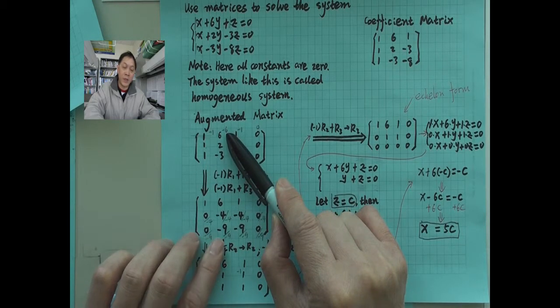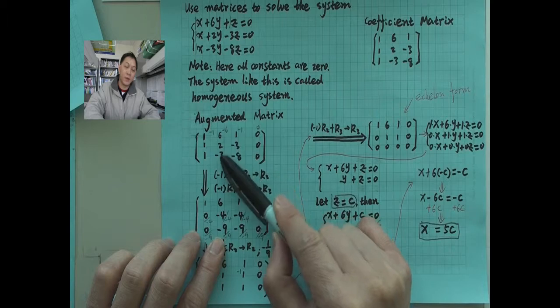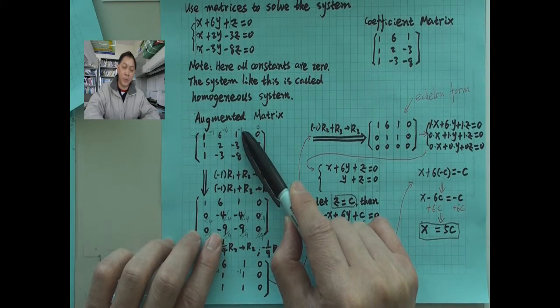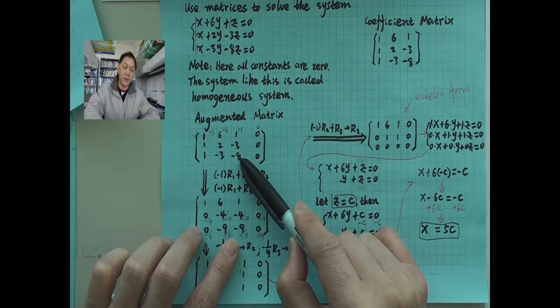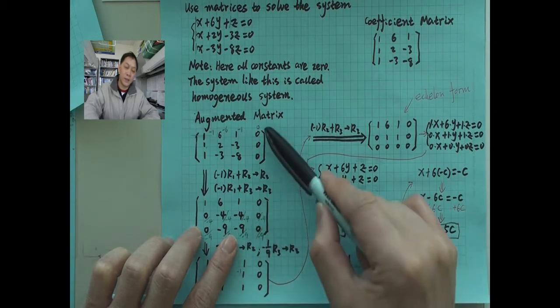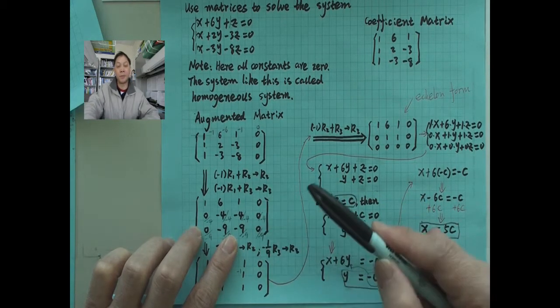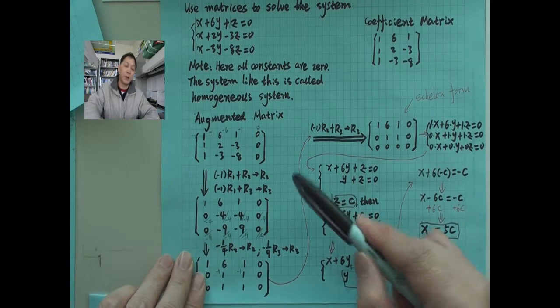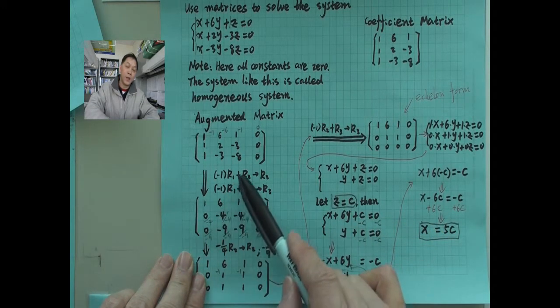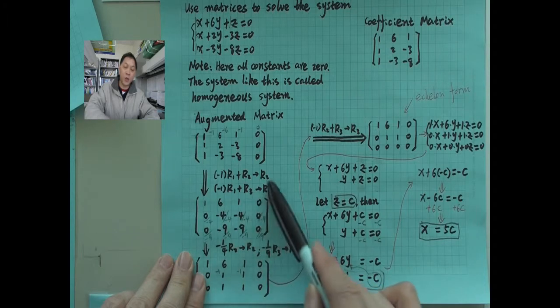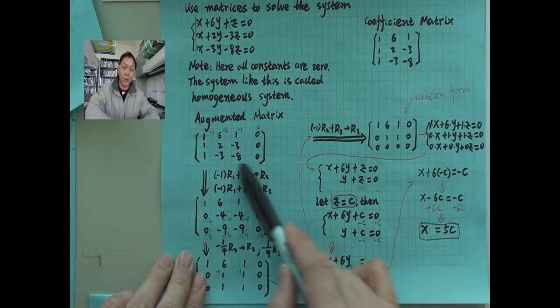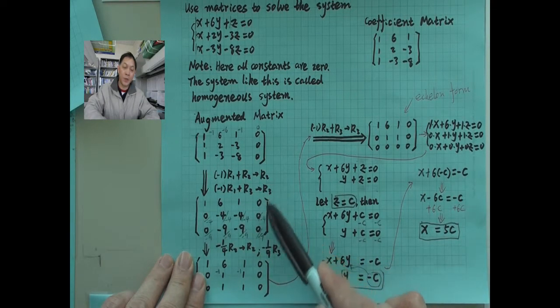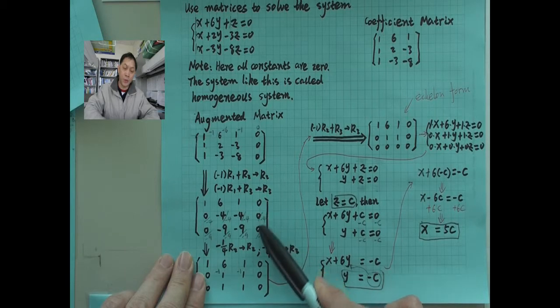Negative 6 plus negative 3 is negative 9. Negative 1 plus negative 8 is negative 9. 0 plus 0 is 0. This is the actual elementary operation we did on row 2 and row 3.